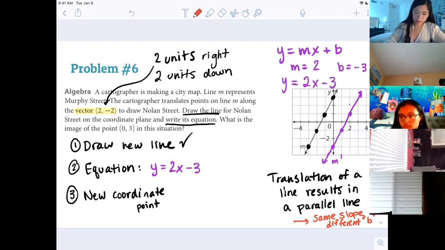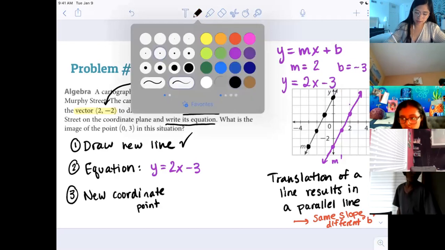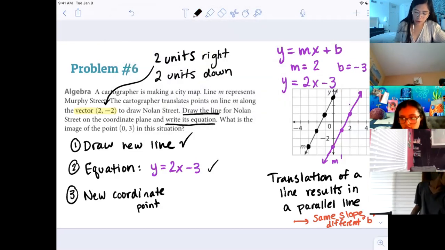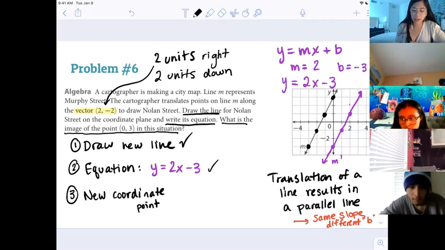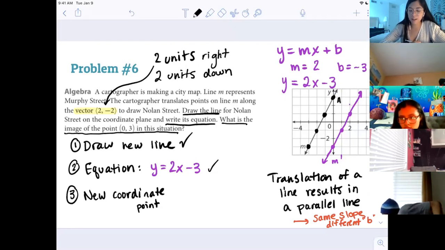All right, last part of this. It asks, what is the image of the point 0, 3? The original point, I'm going to call it point A, just to see where it is on the graph. That black one at 0, 3, where did that end up on the purple line?